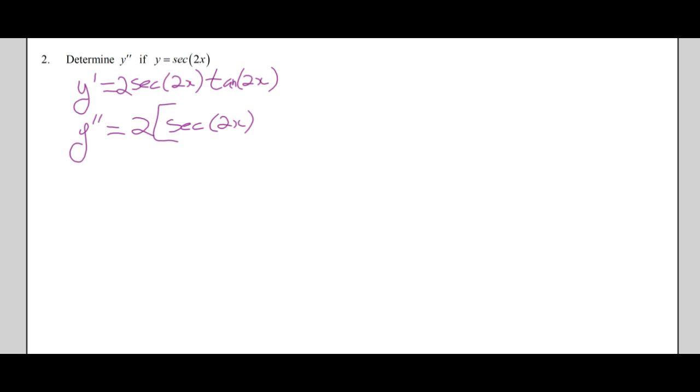We need the derivative of tangent. The derivative of tan is secant squared, right? So we got secant squared 2x times 2, because we've got the inner function, the 2x. Times 2. All right, let's put that there.